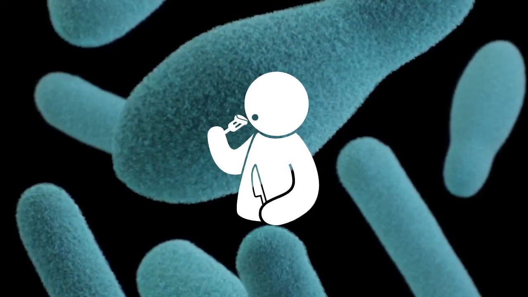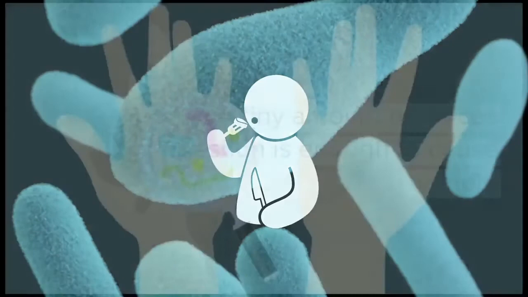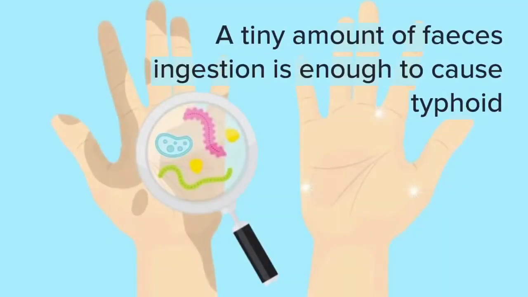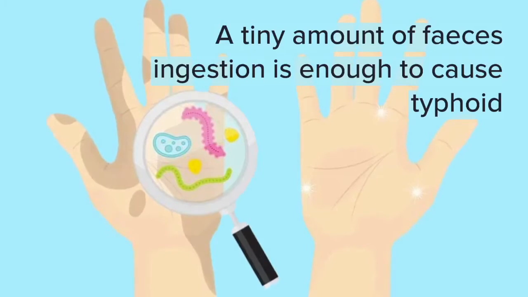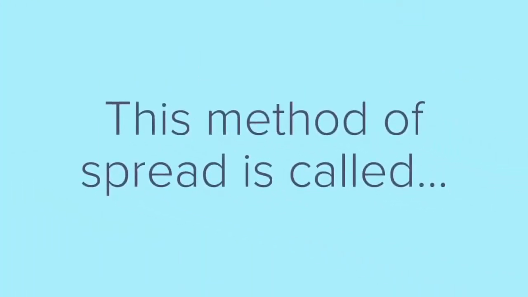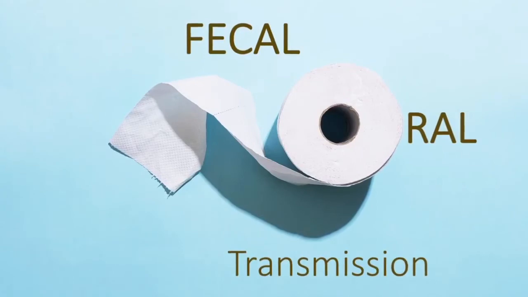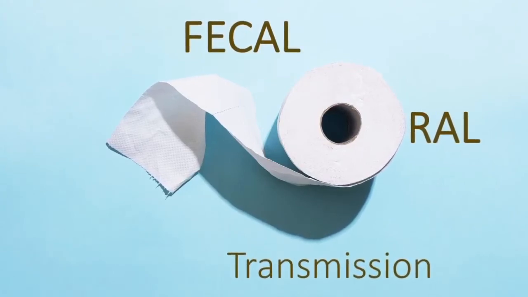While this might seem pretty unlikely, it's actually alarmingly easy to do. That's because even the smallest amount of fecal ingestion could introduce enough of these tiny bacteria to make you sick. This method of spread from person to person is called fecal-oral transmission, which can happen in a number of ways.